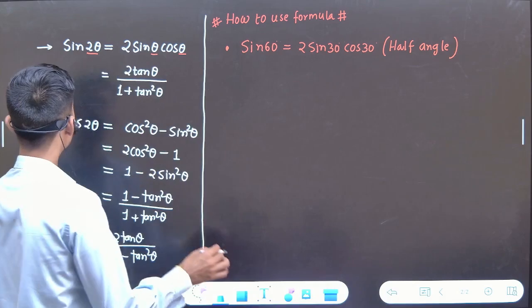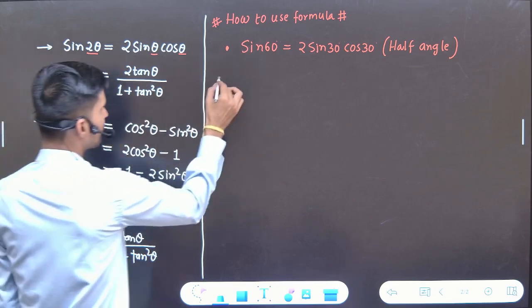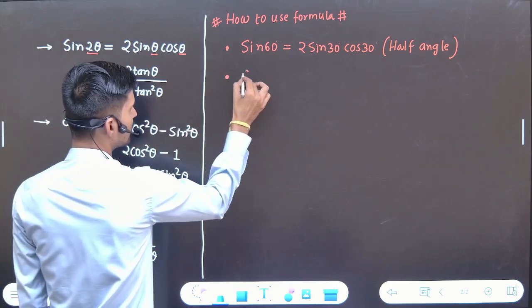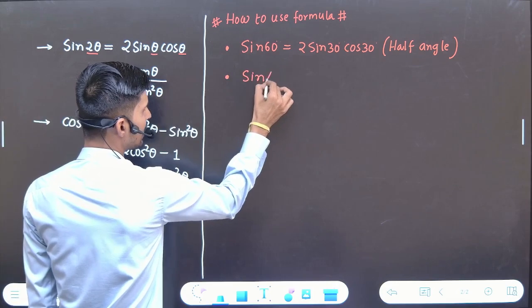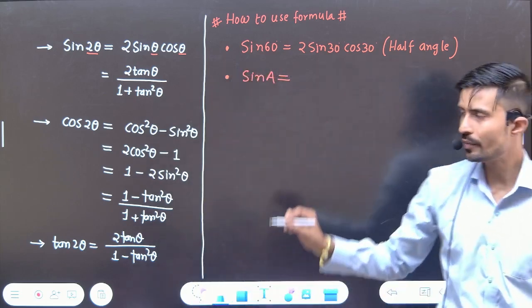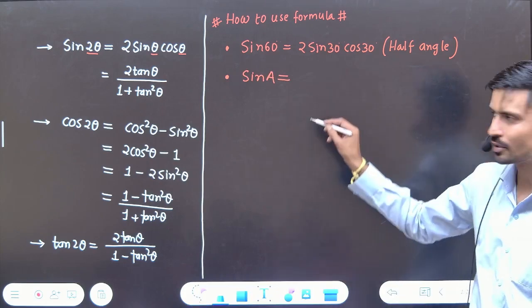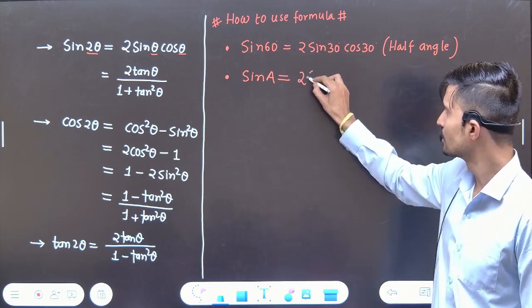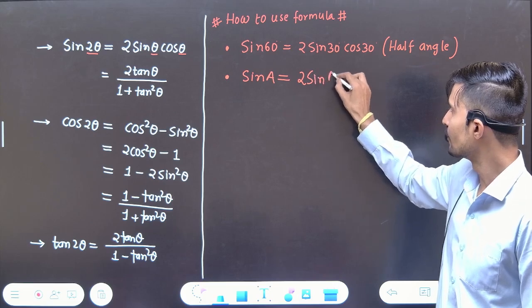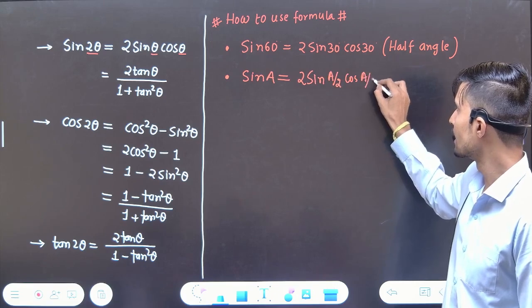Now suppose the same thing if I write like this, sin A. How will I write sin A with the help of that formula? 2 sin A by 2 cos A by 2.